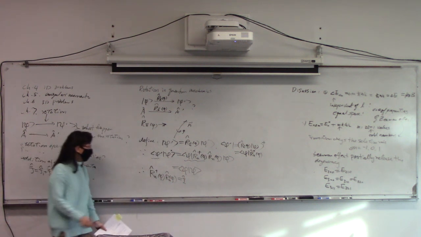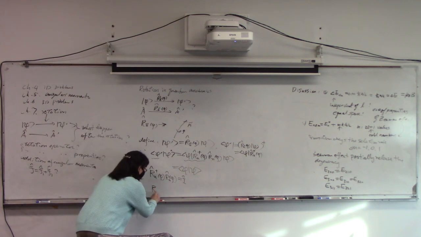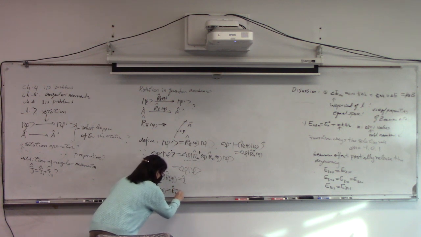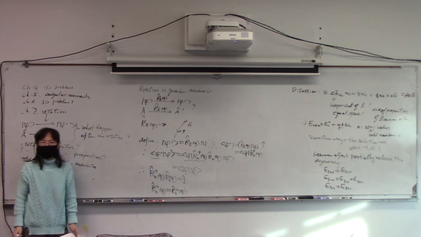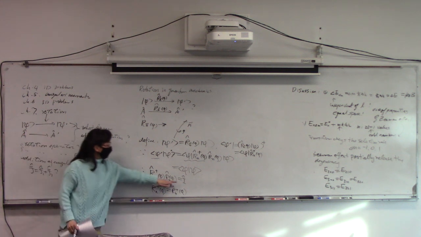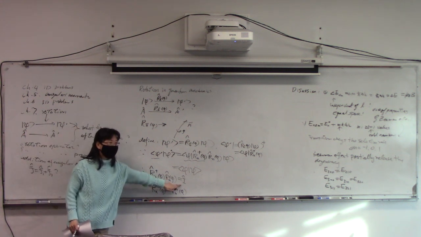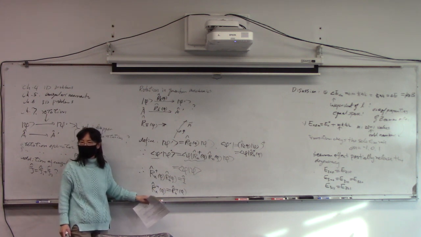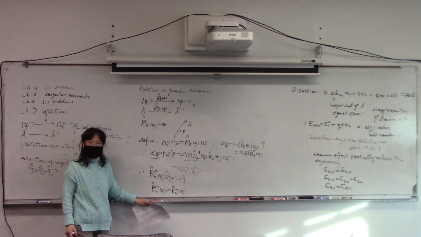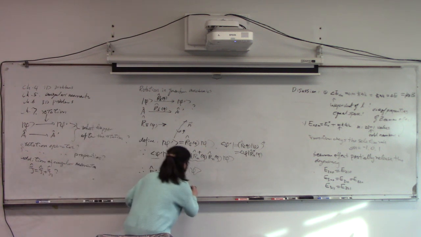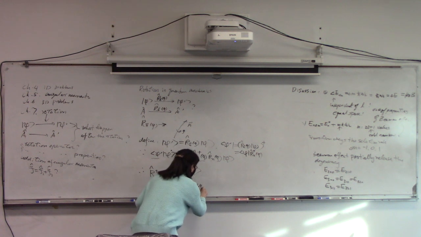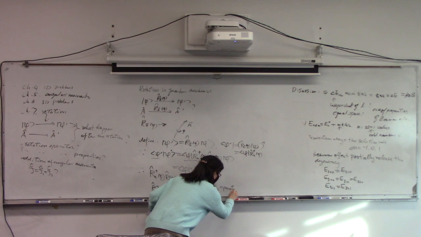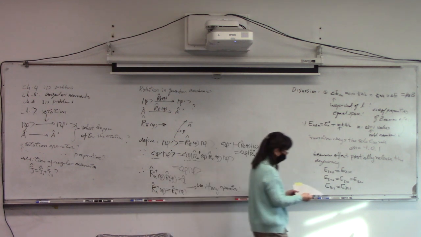So if the inverse equals the dagger, because the inverse multiplied by itself always equals identity. What kind of operator has this behavior, from chapter 2? Unitary. Yes. So the rotation operator is a unitary operator. That's important.